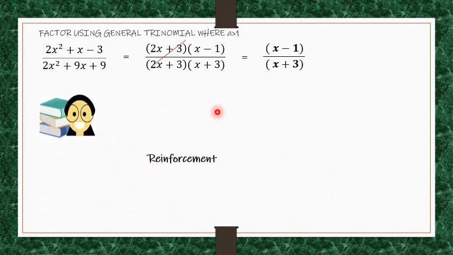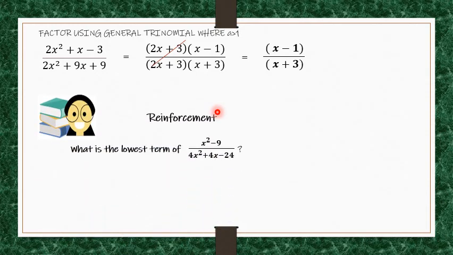Now let's go to the reinforcement. What is the lowest term of x squared minus 9 over 4x squared plus 4x minus 24? X squared minus 9 is applying the process of difference of two squares, and this one is factoring using general trinomial where a is greater than 1.